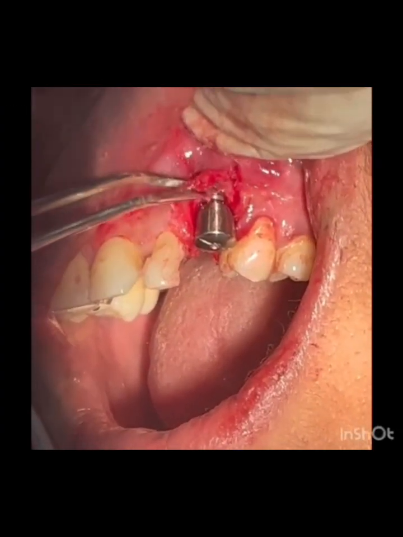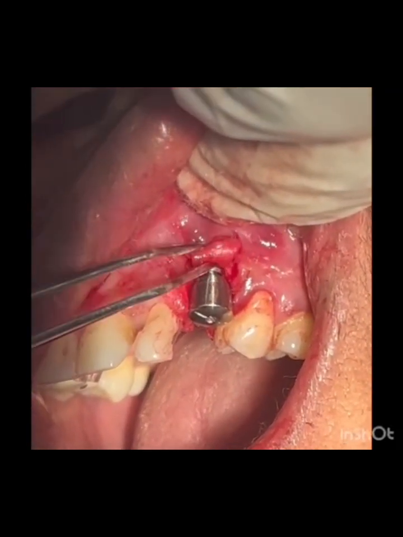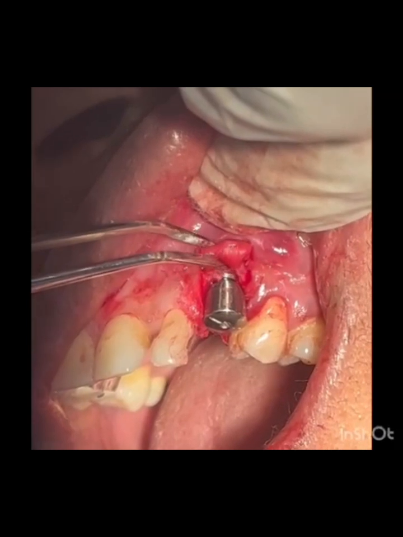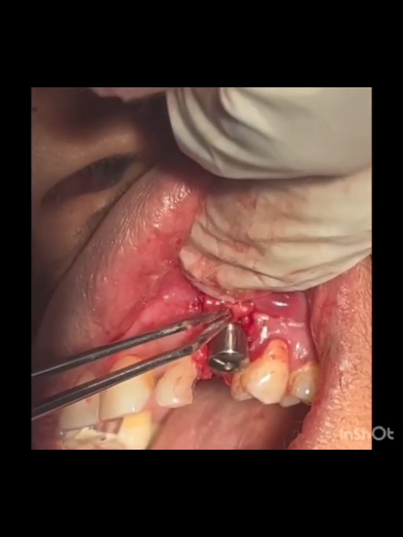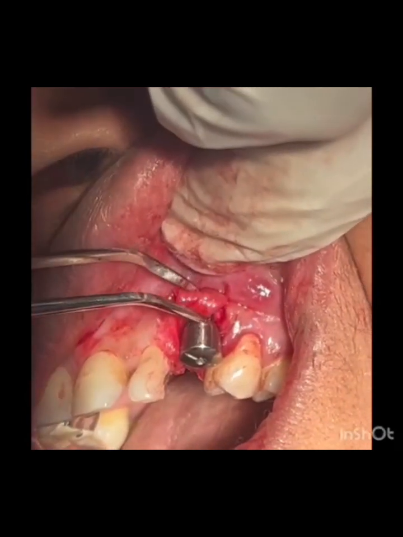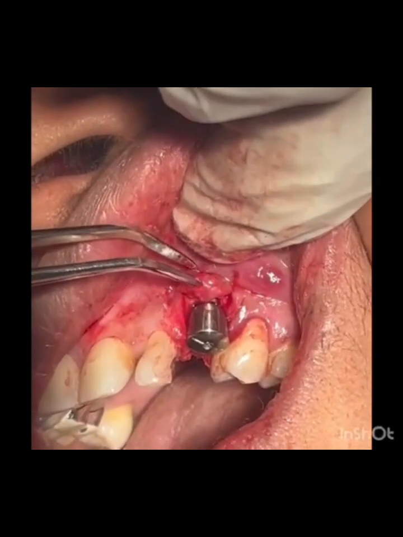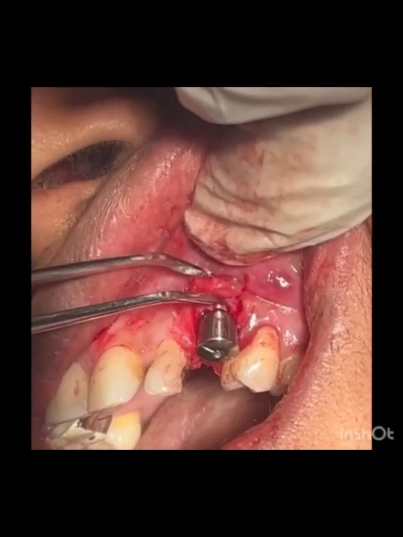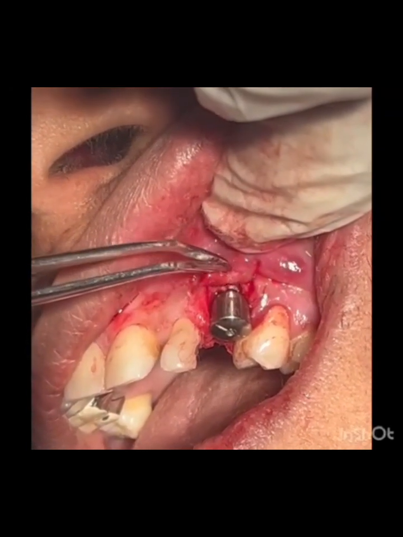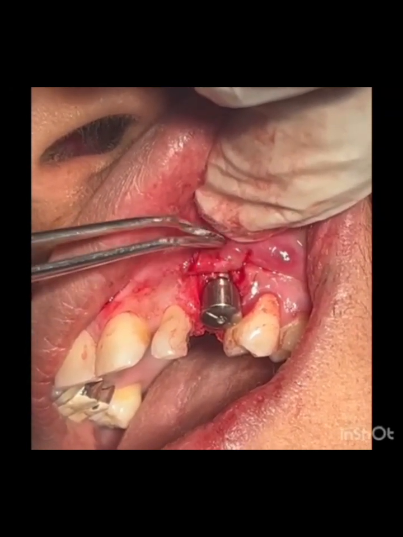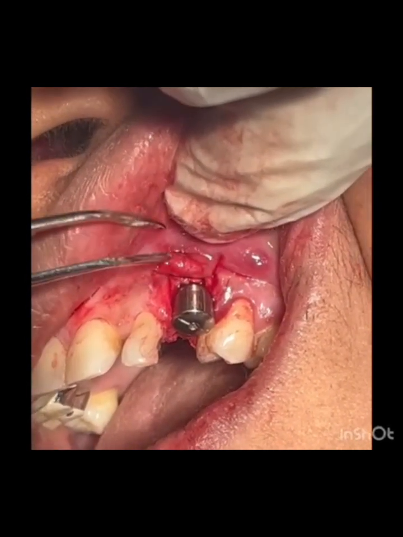Now this tissue that has been de-epithelialized and kept, we are going to roll inside like this, so that the de-epithelialized tissue will go inside and will get rolled in like this, and then we are going to suture it through the outer portion. So this tissue will stay rolled inside here, and the suture is going to be given from a much apical area, from here and here.